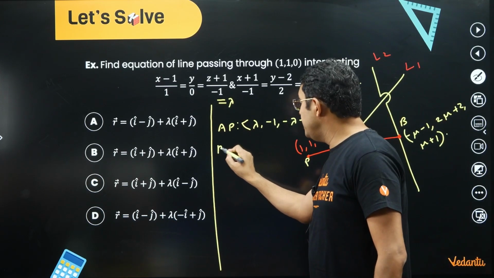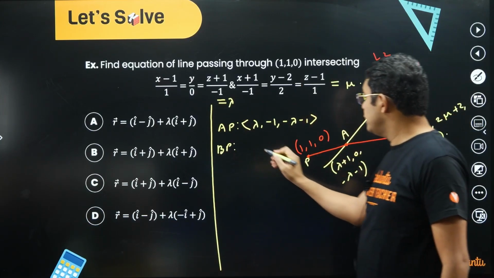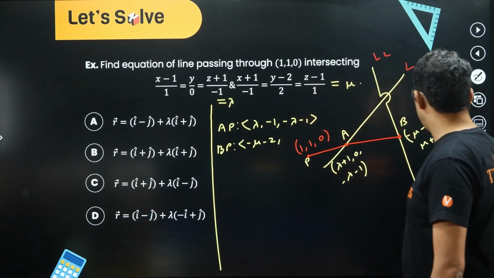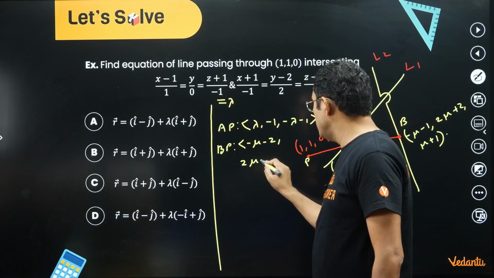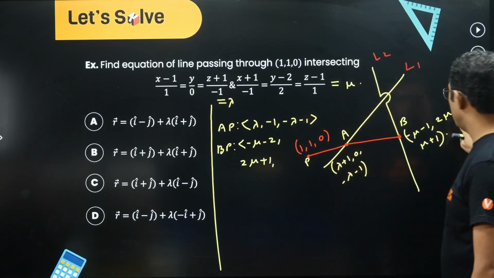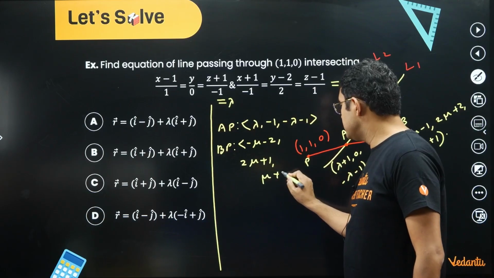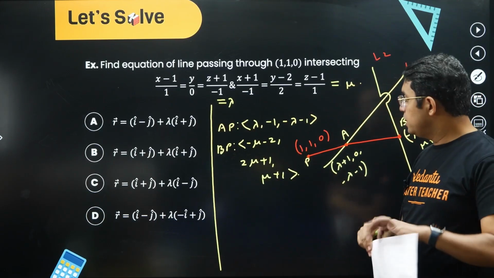Similarly for BP, it will be minus mu minus 1 minus 1, so minus mu minus 2. The other one would be 2 mu plus 2 minus 1, so 2 mu plus 1, and the last one will be mu plus 1. Okay, now these three should be proportional.